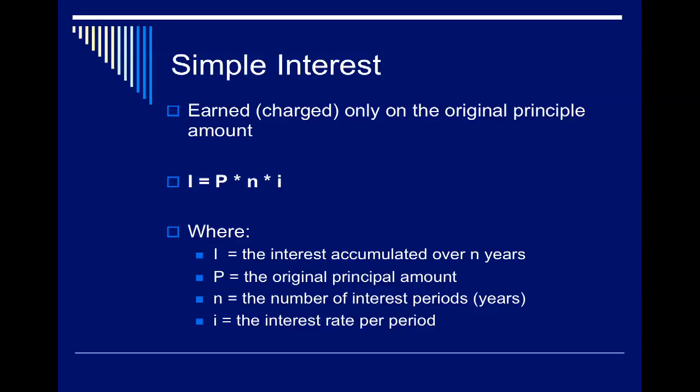Here's the simple interest. Simple interest is charged only on the original principal amount. In this case, they're showing the formula here. The overall interest is equal to the principal times the number of years that it's being borrowed for times the amount of interest for that period. Notice with simple interest, we're only calculating the interest.